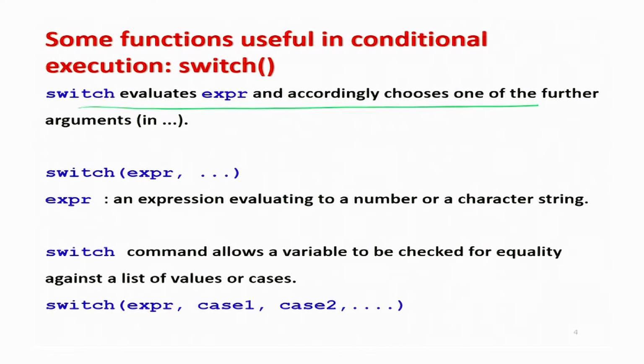For example, if there is some expression that can be a number or a character string which you want to evaluate, and there are several options and you want to match this expression with those options, what you will do is write down the command switch, all in lowercase alphabets, and within the parenthesis write down the value of that expression, which can be a number or a character string, and then after that write down the list of values, right.